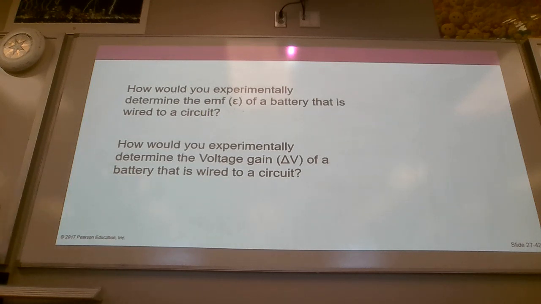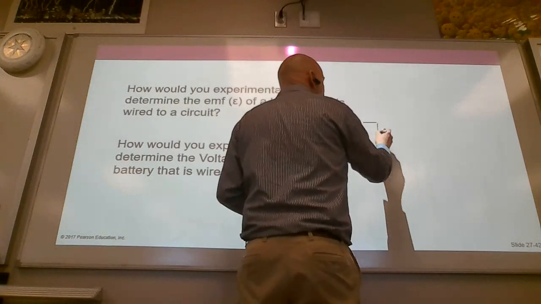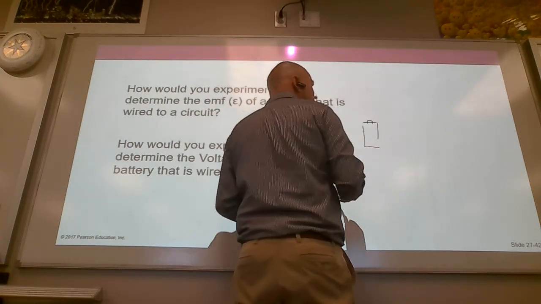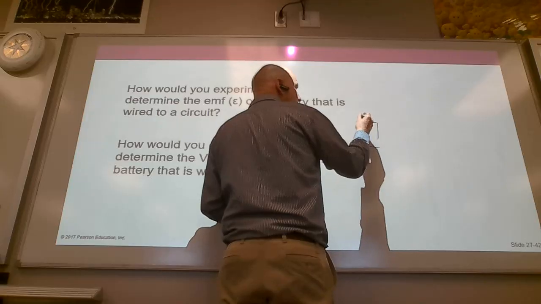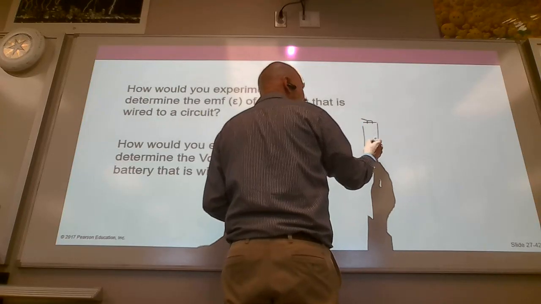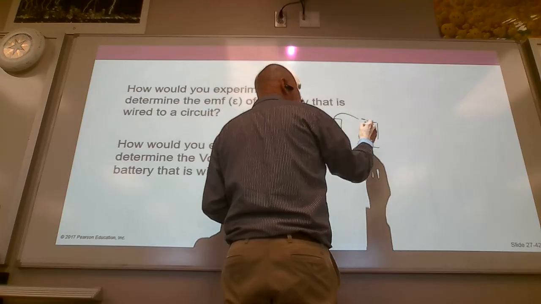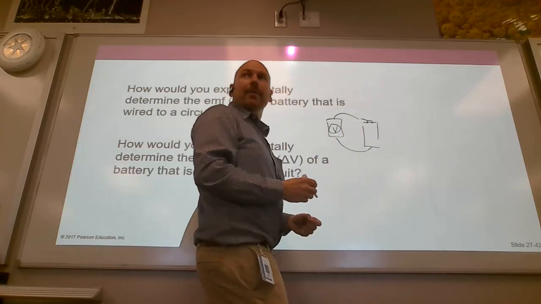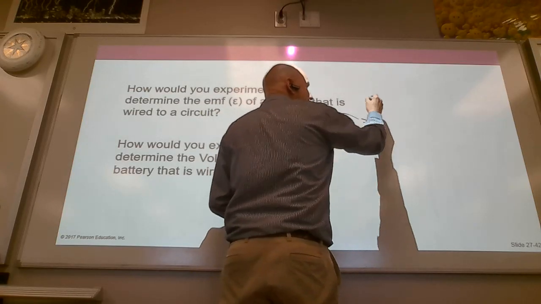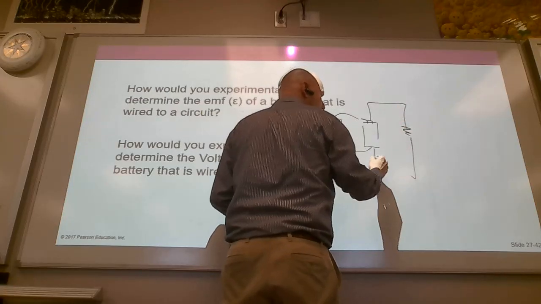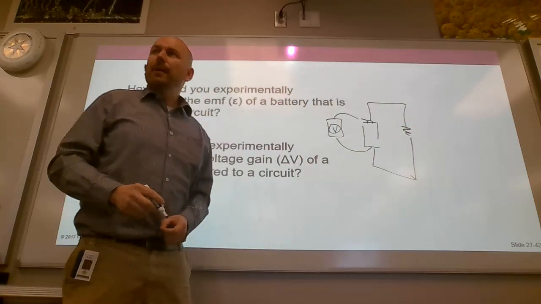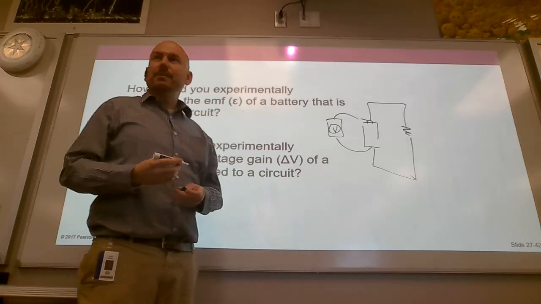No, so here's your battery. Just straight away you hook one probe to the voltmeter. And then you just keep it like that and then hook it up to a circuit and then measure it.